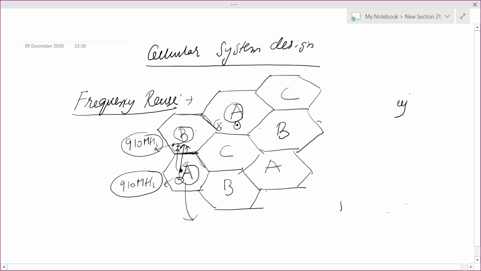Wherever I write A, all the A's mean that all these base stations will use the same frequency. Since they are farther away, there will be less interference.